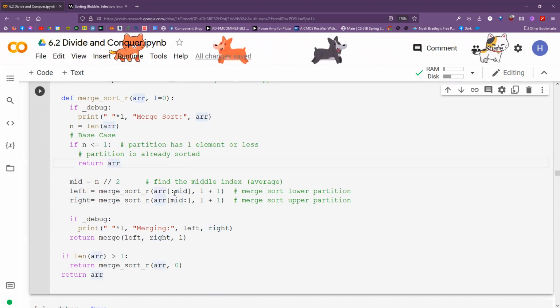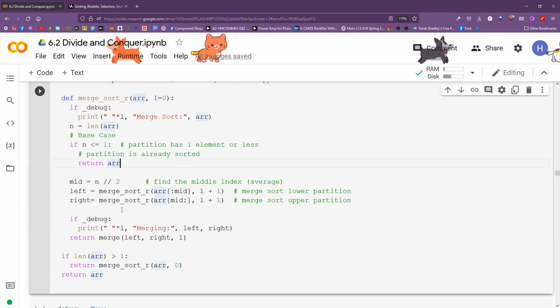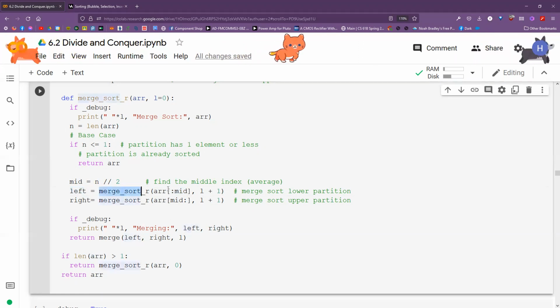Basta yung midpoint is nasa isang partition lang siya. So isa-store lang natin dun sa left yung sorted na left partition, and then sa right yung sorted na right partition. And then after nun, we call the merge function to merge yung dalawang sorted na list.